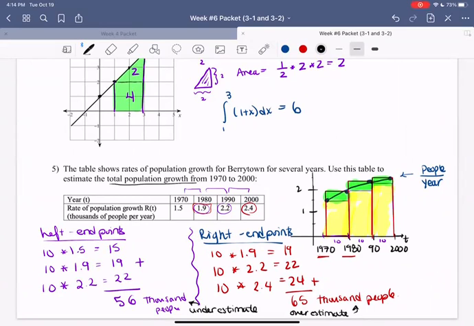I'm going to write that here. The total population growth for our Berrytown is between 56 and 65,000 people.